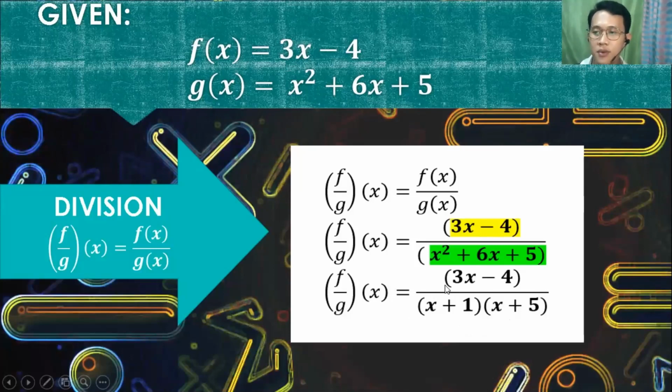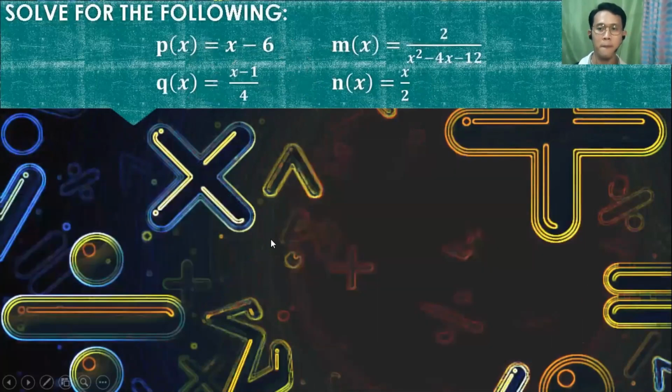Therefore, our answer for f over g of x is equal to the quantity 3x minus 4 all over the quantity x plus 1 times the quantity x plus 5. And that is the final answer, because you cannot simplify that anymore. But if you can simplify the answer, you need to simplify that one, depending on the instruction.